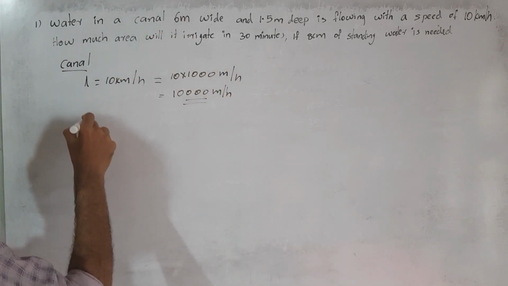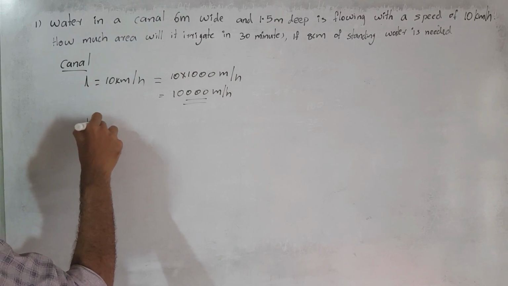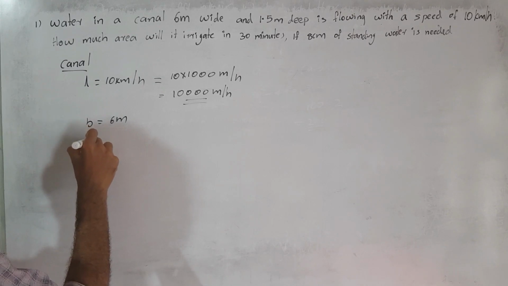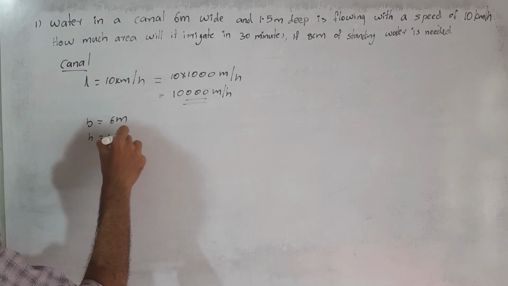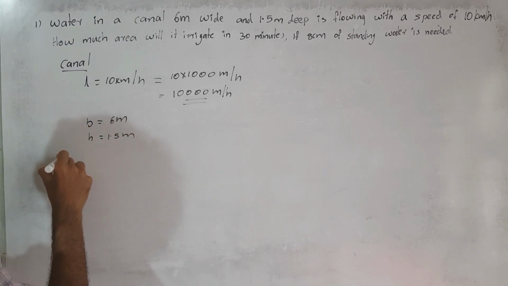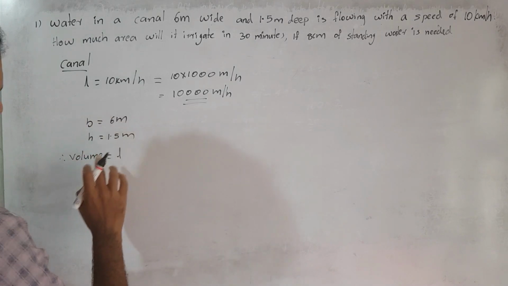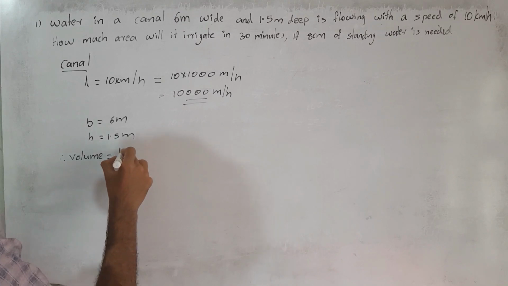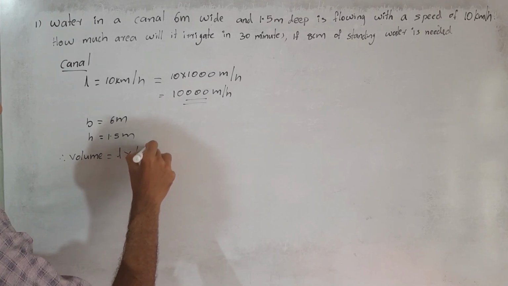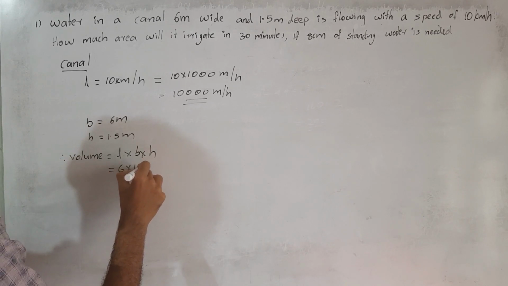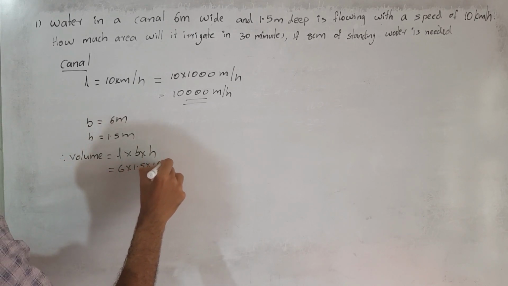Then width is given. What is B? B is equal to 6 meter. Then what is H? H is equal to 1.5 meter. Okay, therefore volume is equal to, we know the equation, we consider the canal as a cuboid, right? So the equation is L into B into H. Then 6 into 1.5 into 10,000.